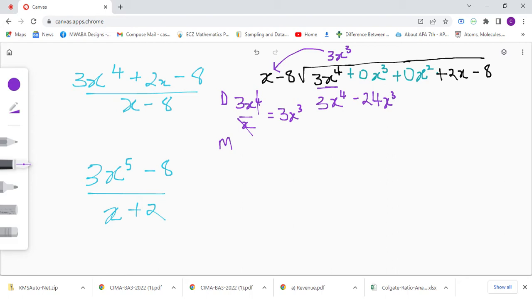We're done with step 2 of multiplication. Step 3, we subtract. 3x to the power 4 minus 3x to the power 4, 0. 0x cubed minus negative 24x cubed: negative and negative make positive, so we have positive 24x cubed here.